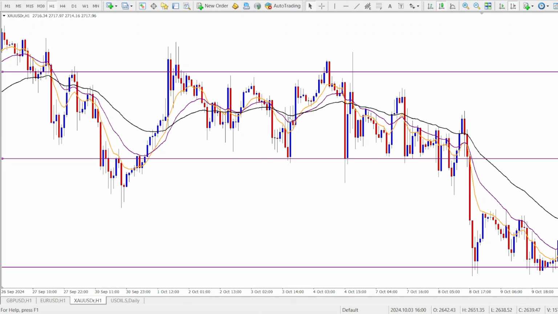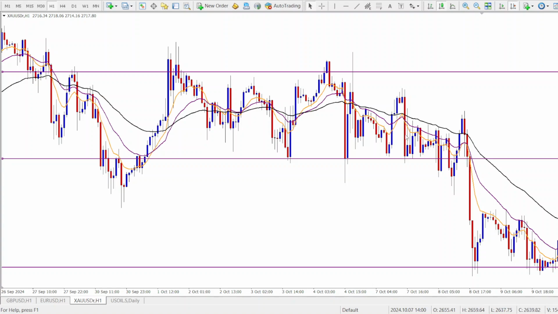You can see how the moving averages are just entangling each other and moving sideways. So whenever you have price finally break out of that sideways movement, and the price or the candlestick pops out of the moving averages, then that is a confirmation of a breakout.